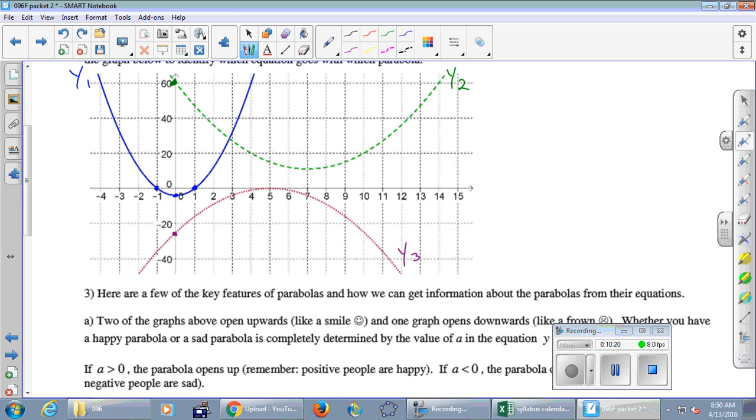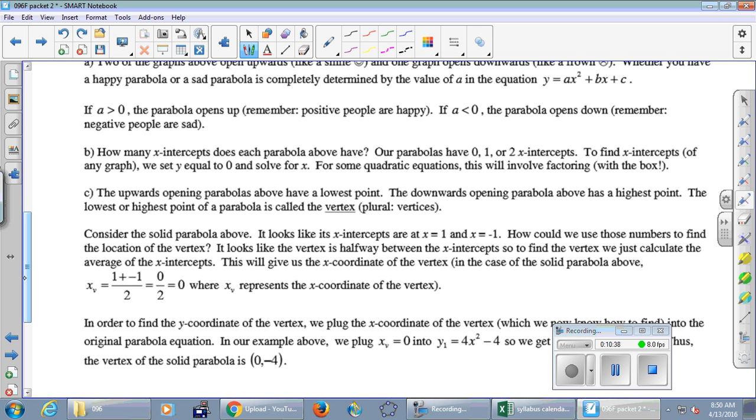But some of these curves don't have x-intercepts, and that's okay. And how about purple? How many x-intercepts? 1. Turns out these are all the possibilities. Every single parabola you draw is either going to have 0, 1, or 2 x-intercepts. And I think that's written down in part B.